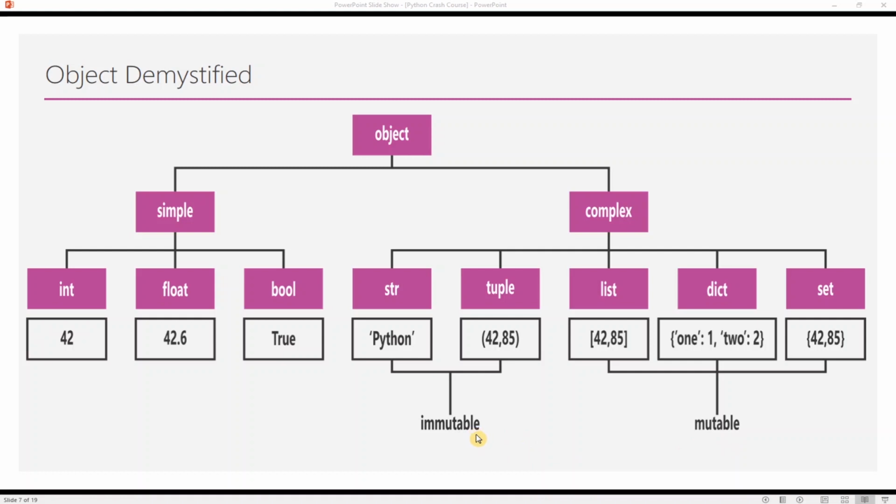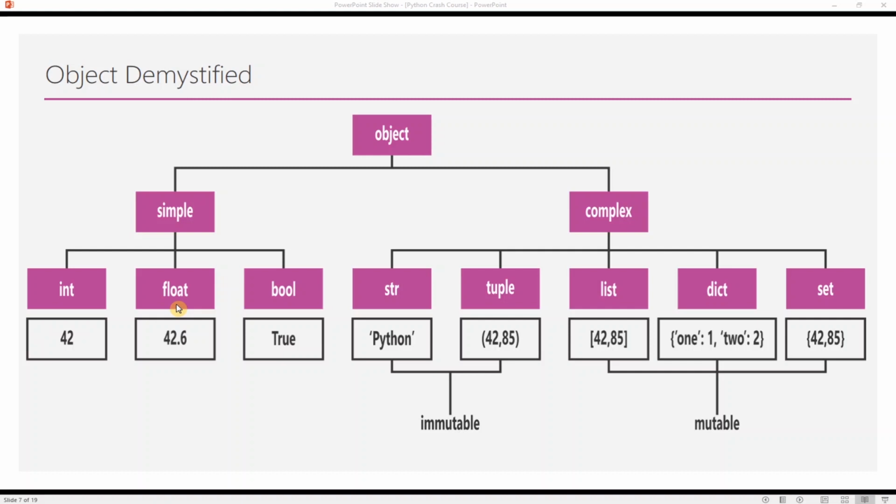Whereas immutable means that once we store data to the object, it cannot be modified during the program execution. Furthermore, Python provides us with a built-in function that takes the value and returns the type of object the value belongs to. So if I pass the value 42.6 to the type function, it returns the type float.